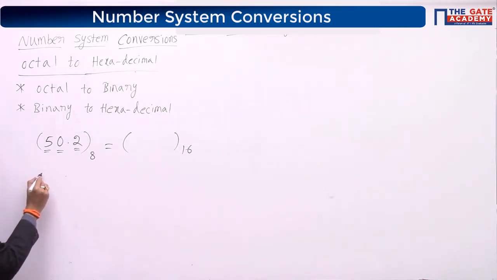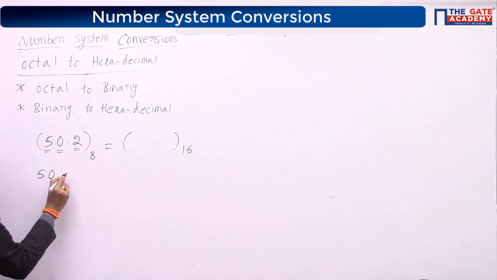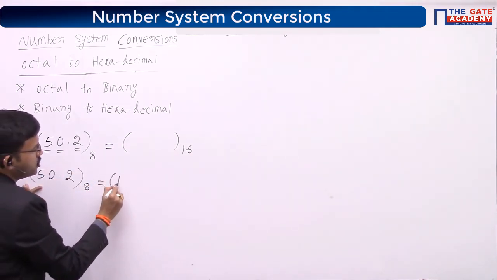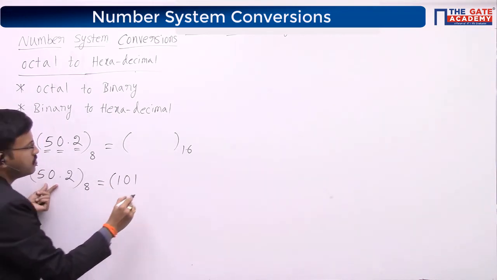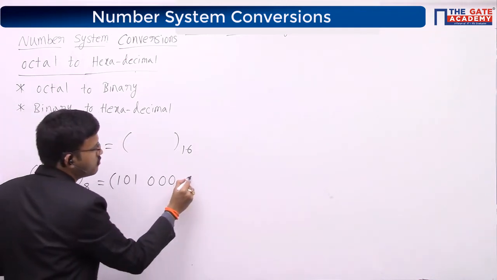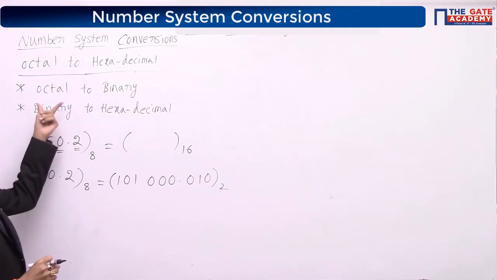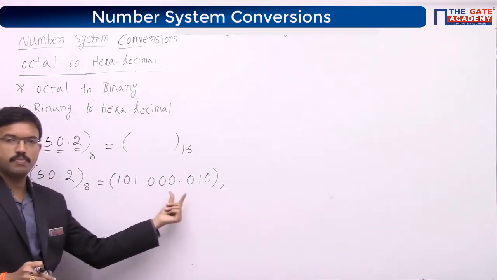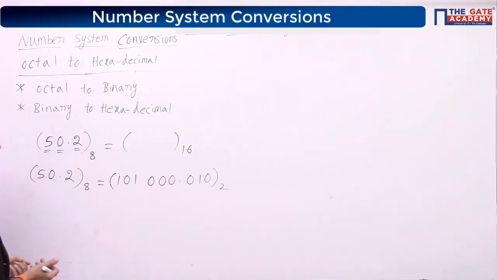So 50.2 base 8 equals: 5 is nothing but 101, 0 is nothing but 000, 0.2 is nothing but 010. First step is we have to convert the given octal number into binary by representing each octal digit with 3 bits. Okay, next step is what?